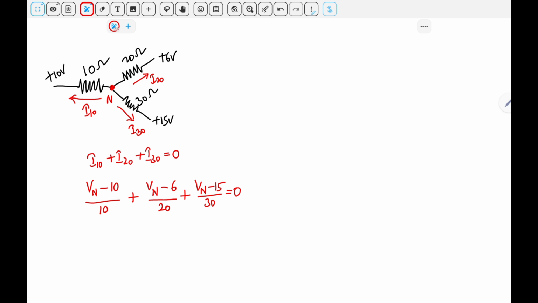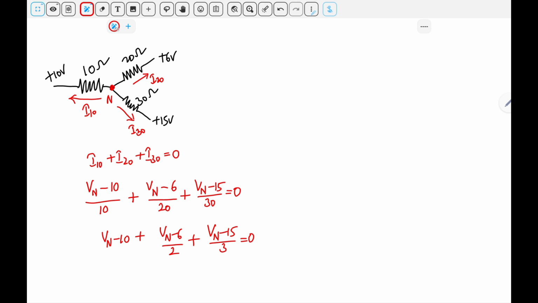Now solving this equation for Vn. If you see, in all the denominators we have 10 common. If you take it common, you have (Vn minus 10) plus (Vn minus 6) over 2 plus (Vn minus 15) over 3 is equal to 0, because I took 1 by 10 as common and I sent 10 to the RHS, so that 10 into 0 becomes 0.